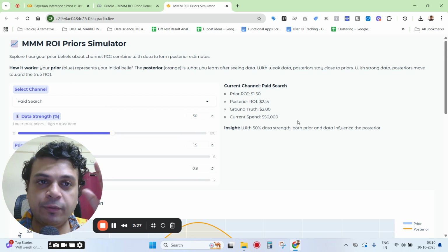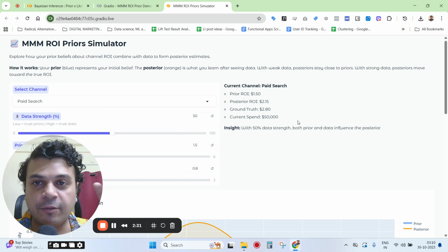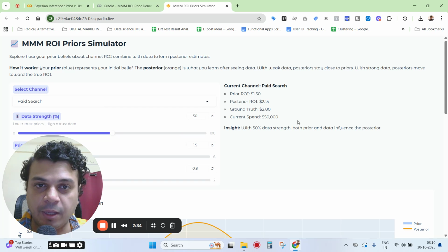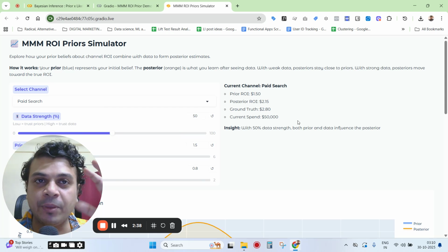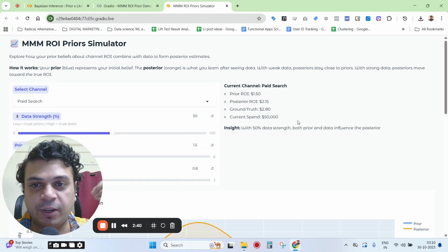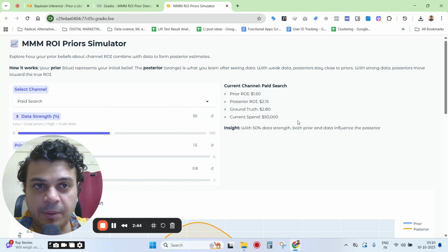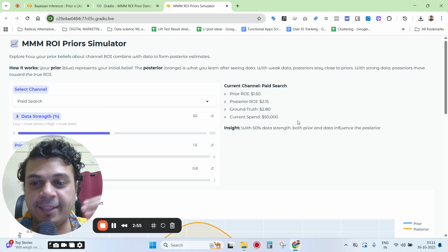So essentially, you have three things in a typical Bayes theorem. You have priors, you have posteriors, and you also have likelihood, which, for the purposes of this video, you can say corresponds to the data. So basically what happens is, there is actually a tug of war that goes on in the Bayesian model between the prior and the data.